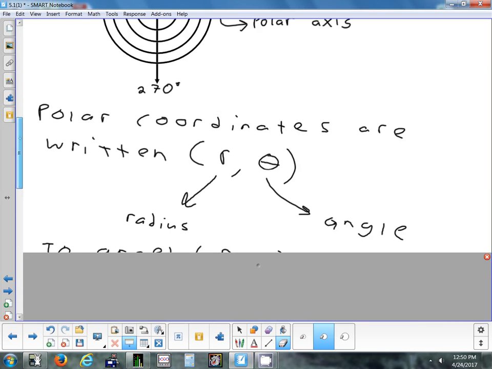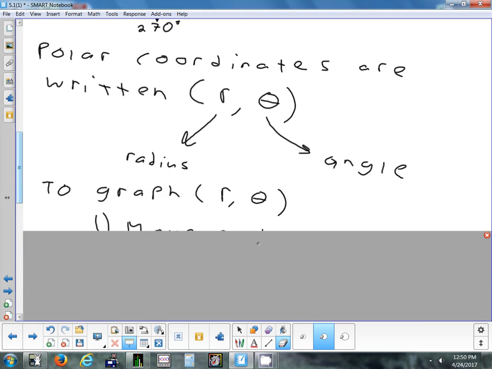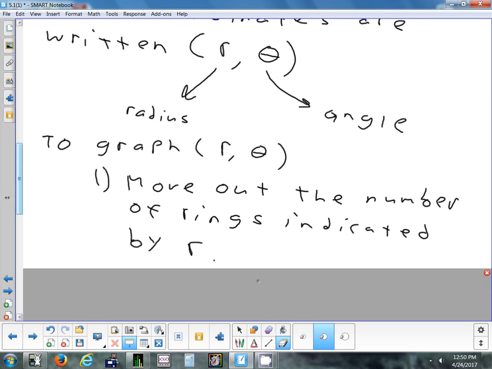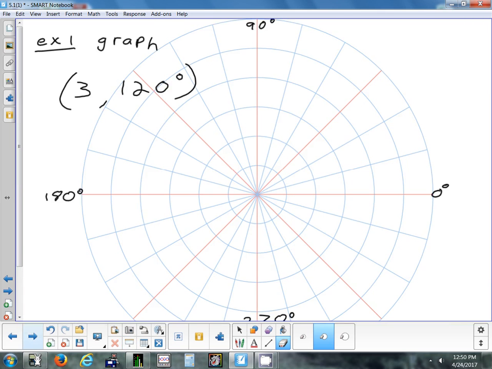So, in order to graph a point in polar, the first thing you look at is r. And you move out the number of rings indicated by r. So in the problem that we're going to look at, you would move out to the third ring.